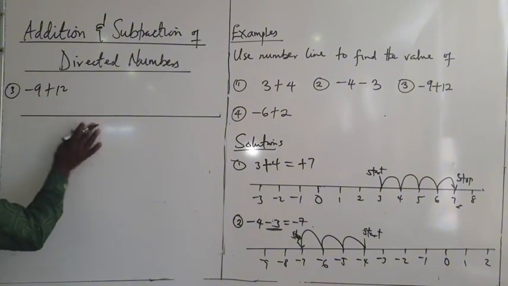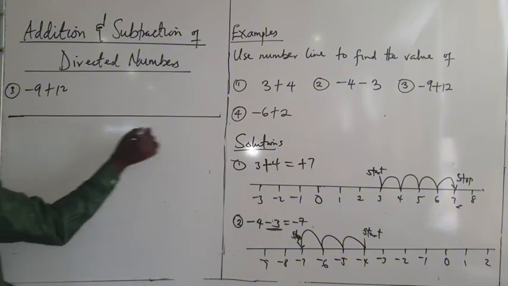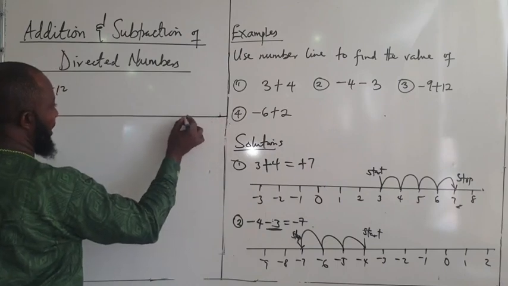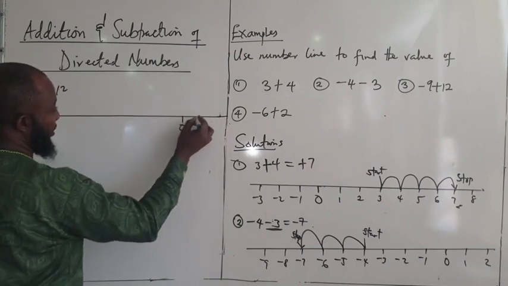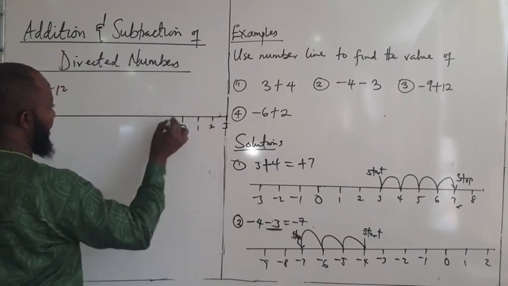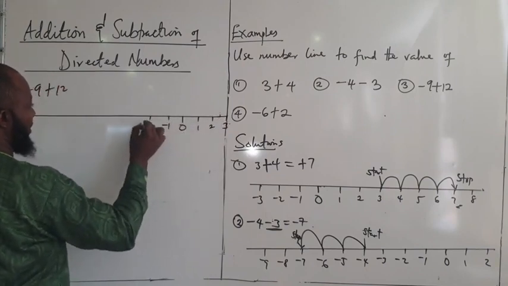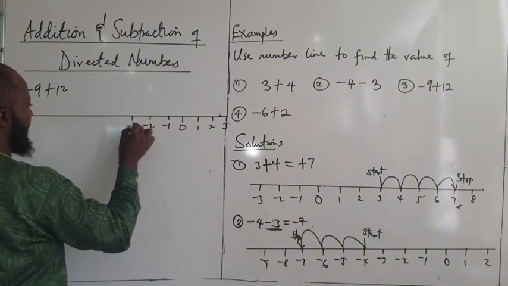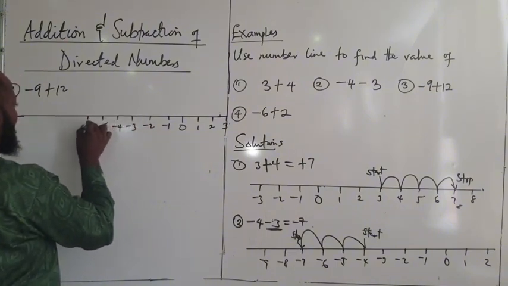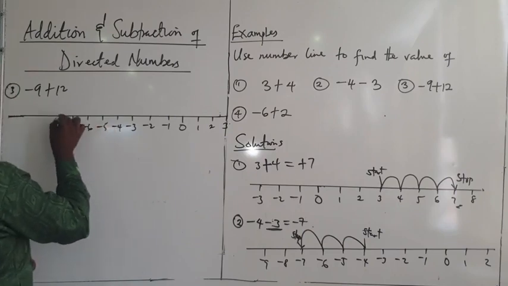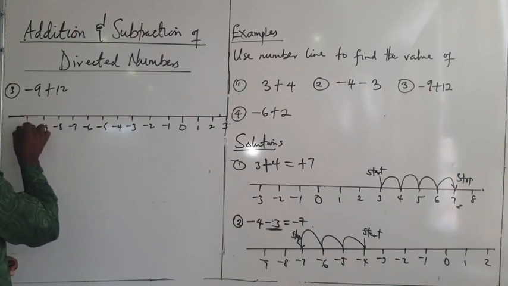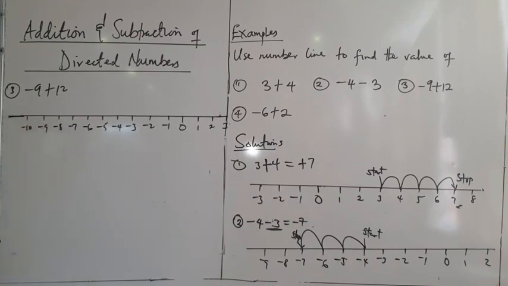It must feature here, so let's put 0 somewhere here. We can have 1, 2, 3, and then minus 1, minus 2, minus 3, minus 4, minus 5, minus 6, minus 7, minus 8, minus 9, minus 10. It's okay this way.